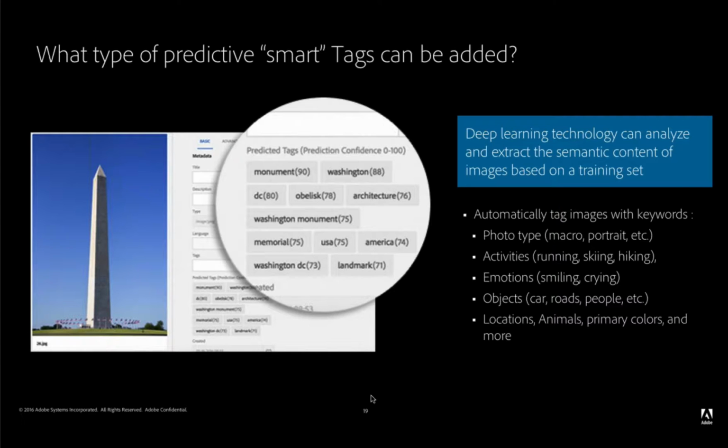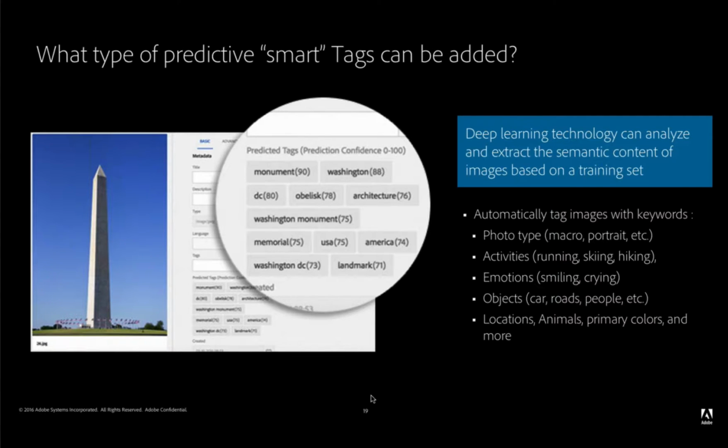So stuff like what type of photo, macro, portrait, etc. What type of activities, if there are people in the photo, emotions, objects, location, etc. So it's really a broad range of tags that we can apply, and it's also representative of what users are actually searching for, right? So there's a lot of value to this, and that's how it works.